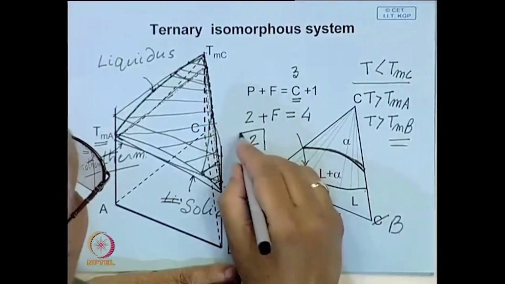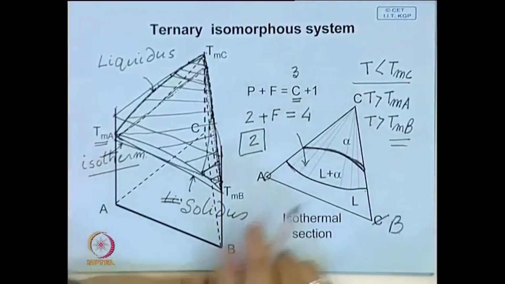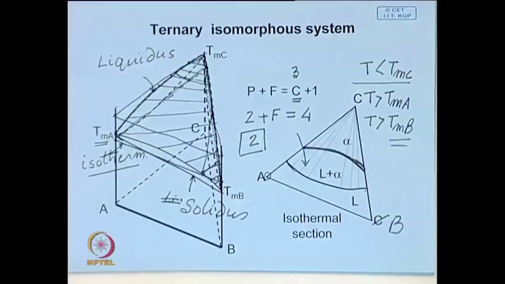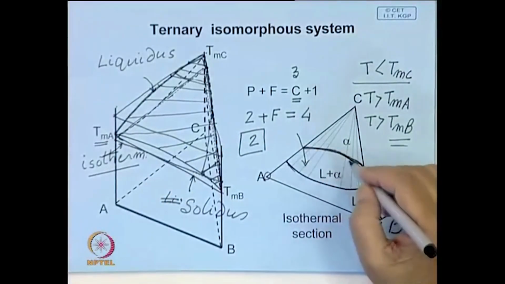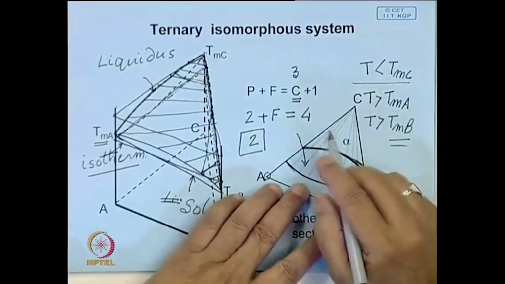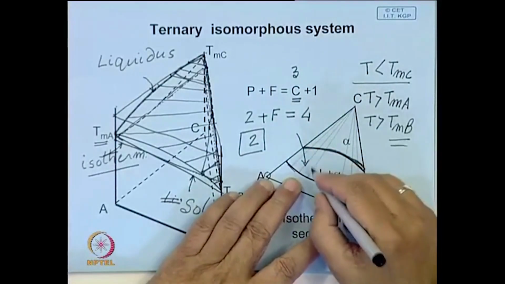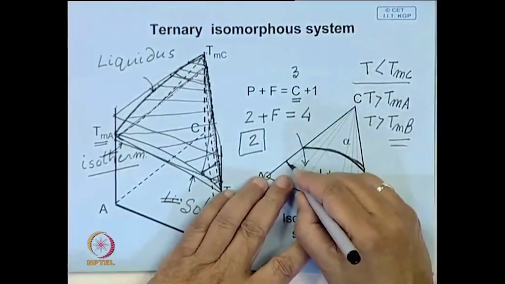Now, one we are fixing, the temperature. By fixing the temperature, we are still not able to define this two-phase region, unless one more variable is fixed, which is this tie line.